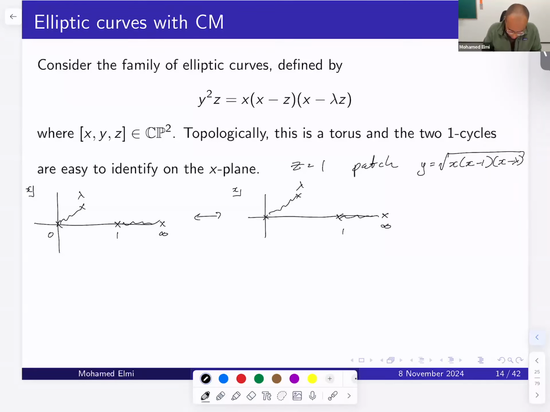So if you imagine your P1 like this, and then there's 0, your lambda, your 1, infinity. These branch points, or at least the ones that aren't infinite, are just the solutions where y is 0, and the two branches come together.